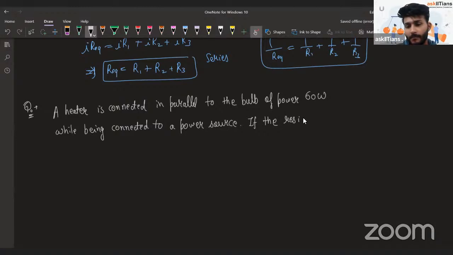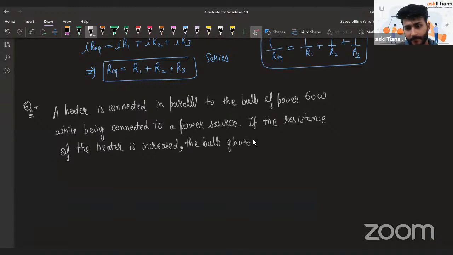if the resistance of the heater is increased, the bulb glows brighter or dimmer?